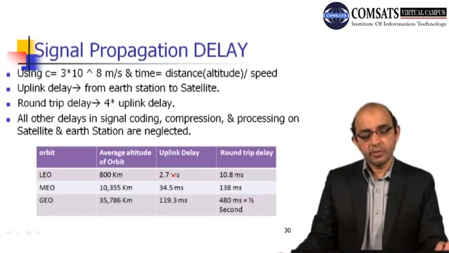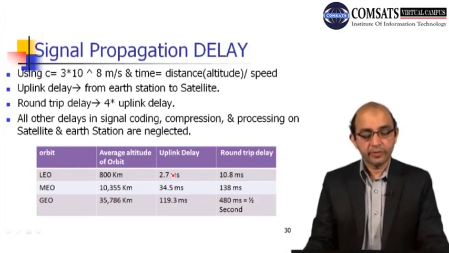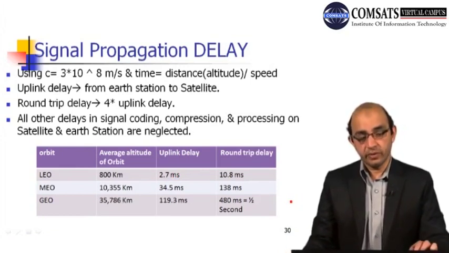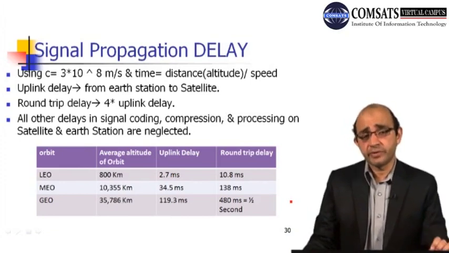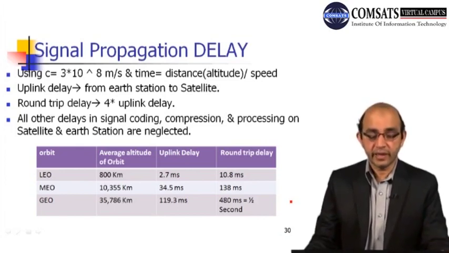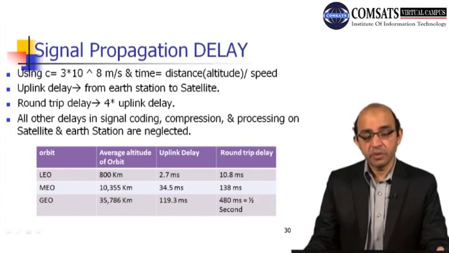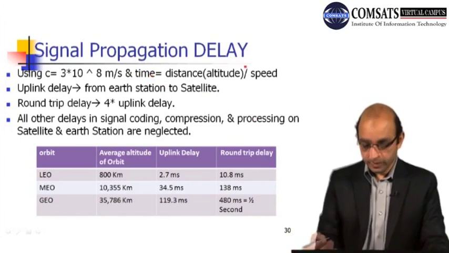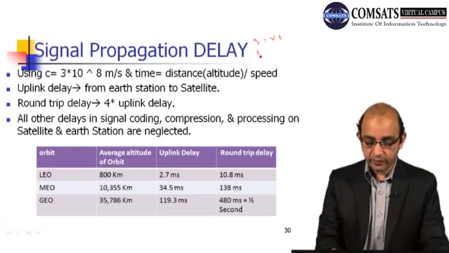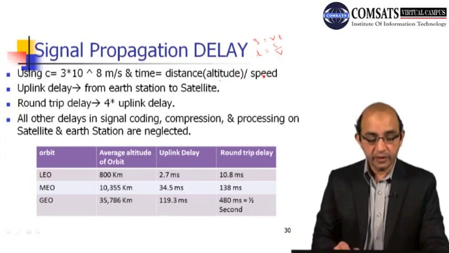So over here we will be talking about signal propagation delay. As we know, electromagnetic waves travel with the velocity of light, and that velocity of light is 3 times 10 to the power 8 meters per second. If I use the formula S equals V t, where t is the time, and I have to find the time, that is S over V. Here S is the distance, that is the altitude, and V is the velocity or speed.